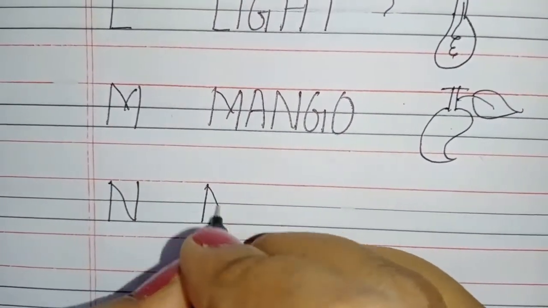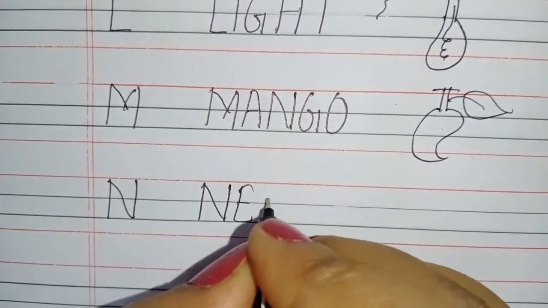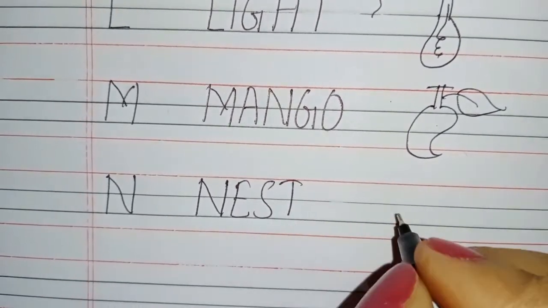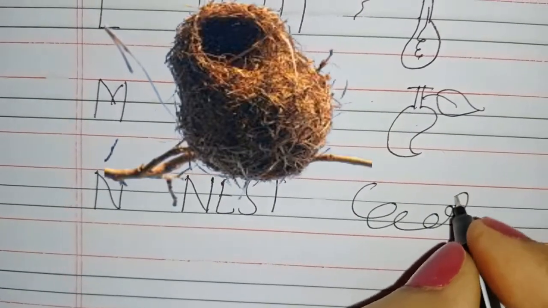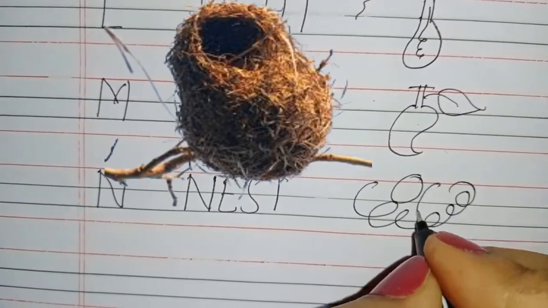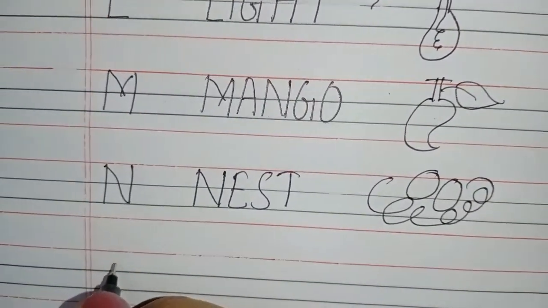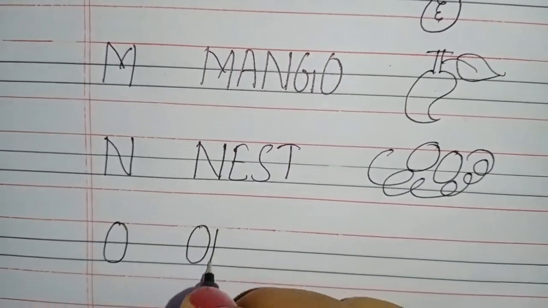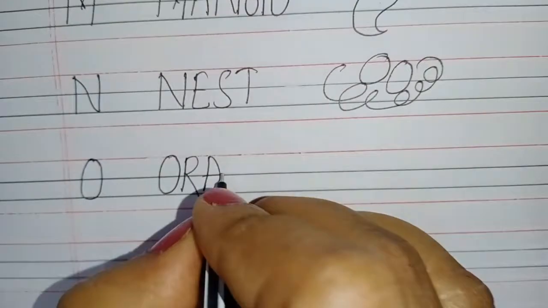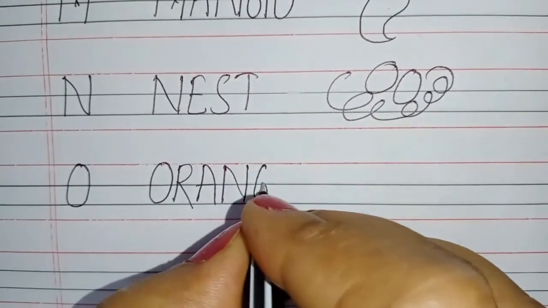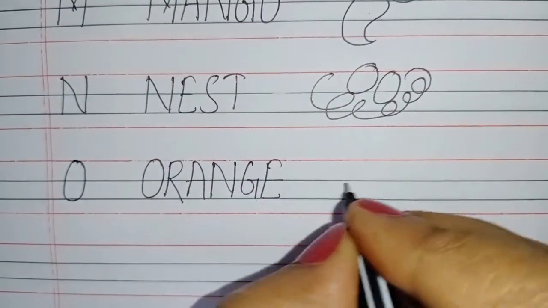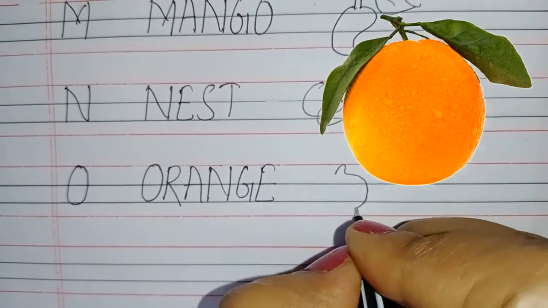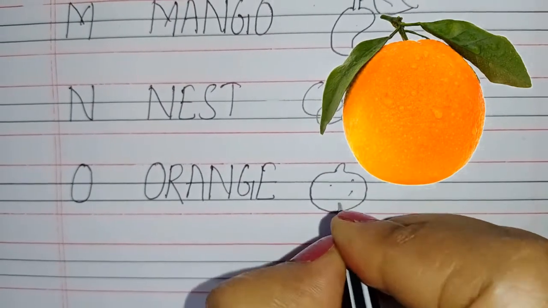N. Nest. N for nest. O. O R A N G E. Orange. O for orange.